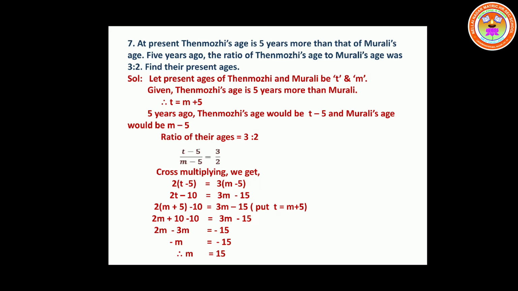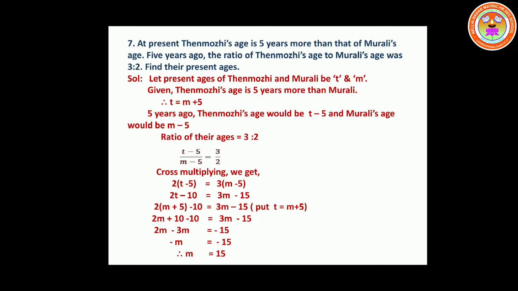So in the place of 2 into T, so 2 into M plus 5 minus 10, that is equal to 3M minus 15. So I have put T is equal to M plus 5. Now multiply 2M and 2, 5. 2M plus 2 into 5 is 10 minus 10, that is equal to 3M minus 15. So plus 10 minus 10 gets cancelled, and 3M is transposed to the other side.